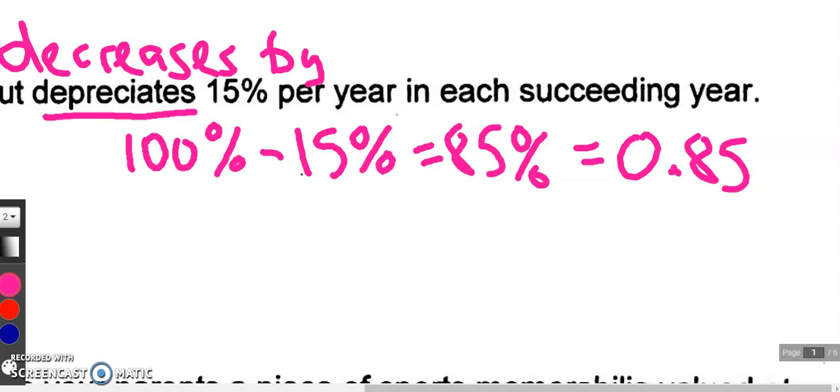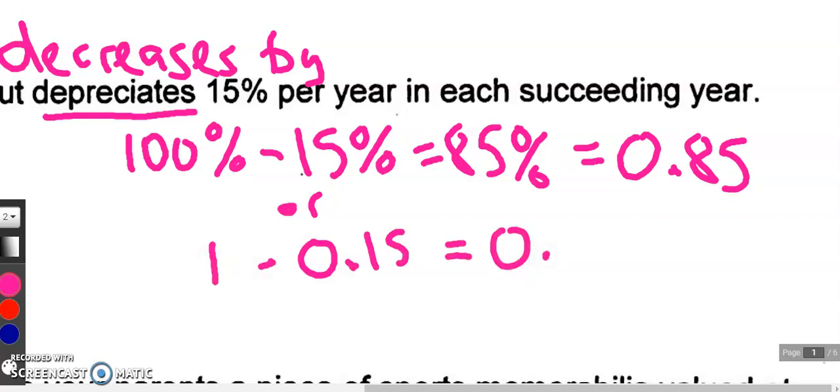Another way you could have figured that out was to do the decimal conversion first. So I could have taken 15% and written it as 0.15, and instead of 100, I could subtract it from 1.